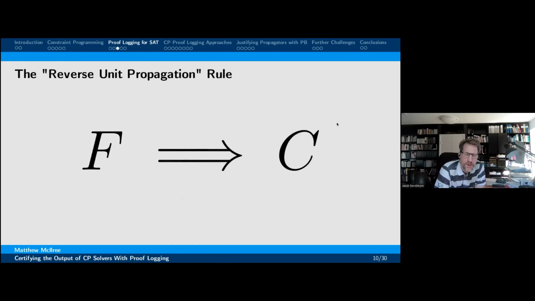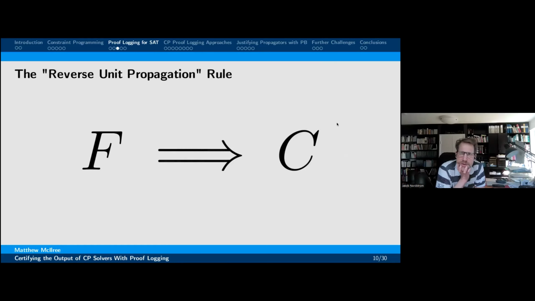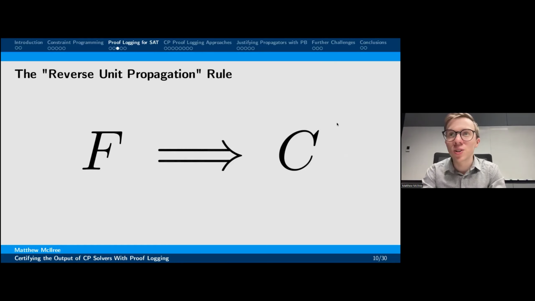And in CP language, sorry, you said the magic of just negating the constraint and then propagating. If we want to explain this to a CP audience, you would say that you do add the negation and then do bounds consistency propagation. Is that it or no? For a CP audience, we would say for clauses, unit propagation is iterative domain consistency, right? Because the domain is just 0, 1.